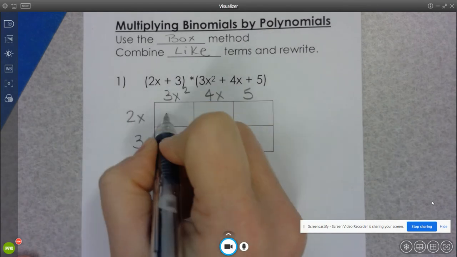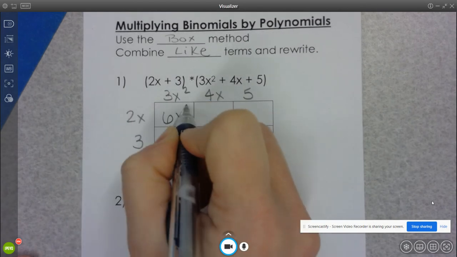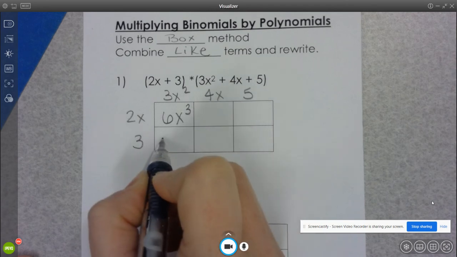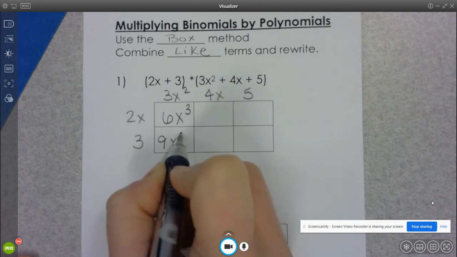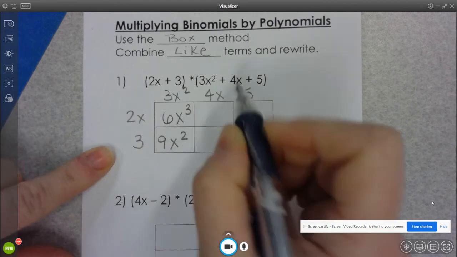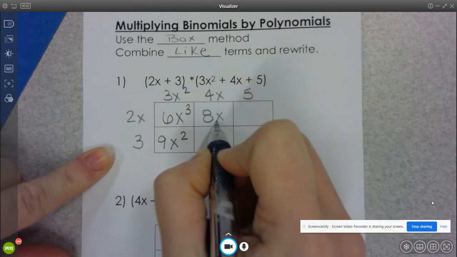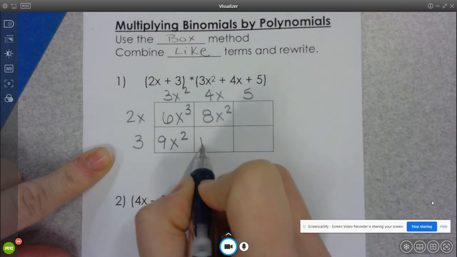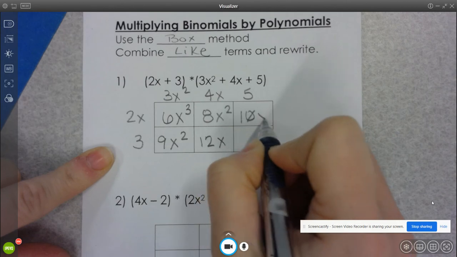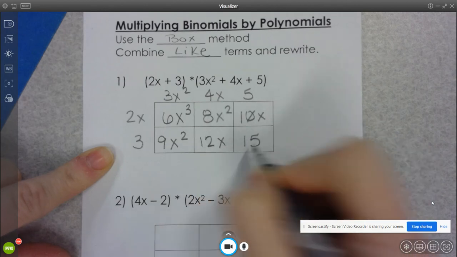So coefficients here is going to give me 6, and I'll have an exponent of 3. Here I'm going to have a coefficient of 9. The exponent will stay the same because there's no x. Here I'll have 8x squared and 12x and 10x and 15.